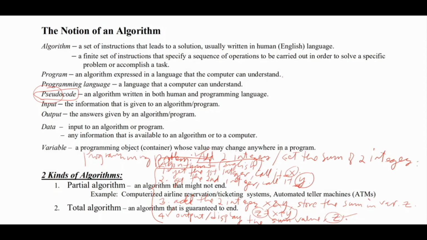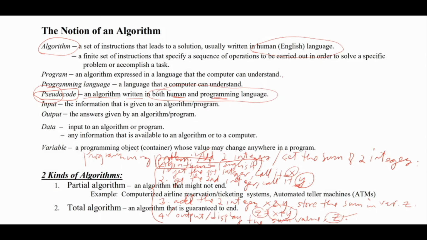It's called pseudocode because it is not exactly a code or a program. It is written in both human and programming language. Now remember, an algorithm is written in human language, while pseudocode is written in both human and programming language.